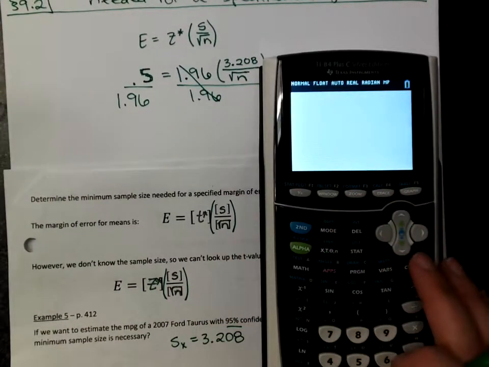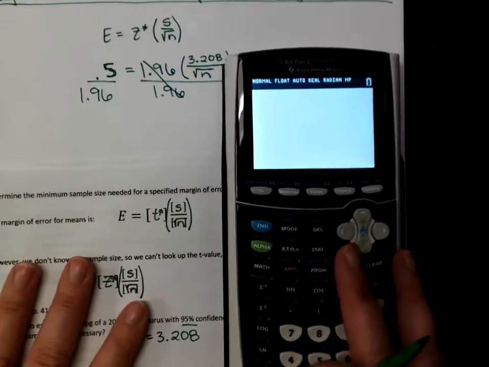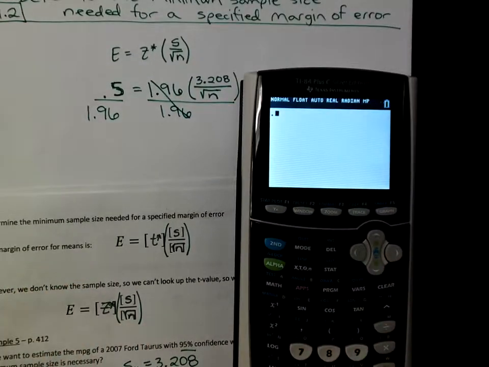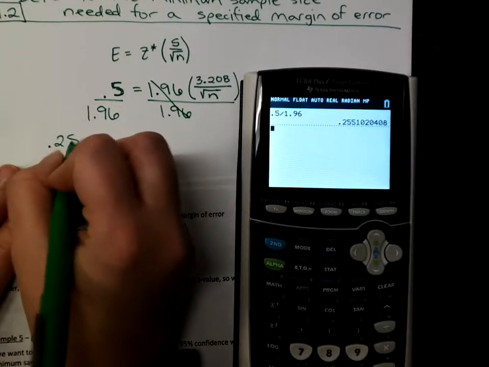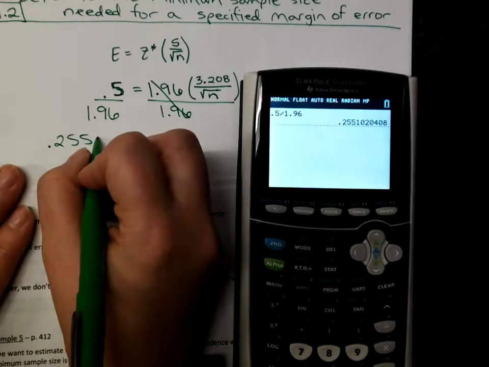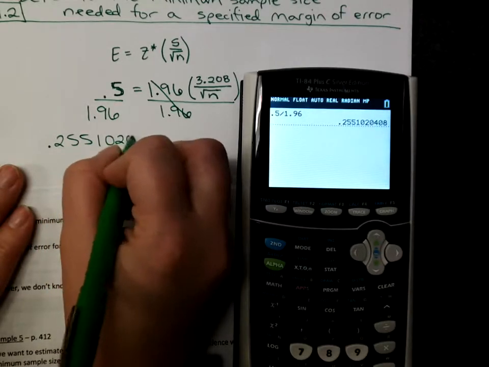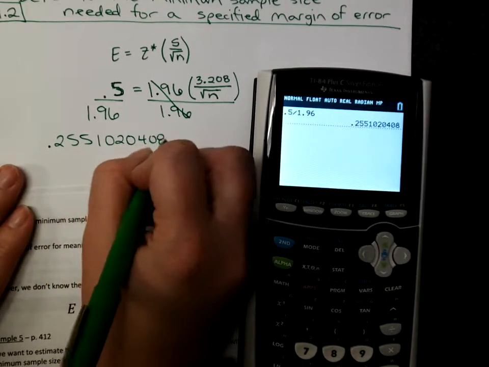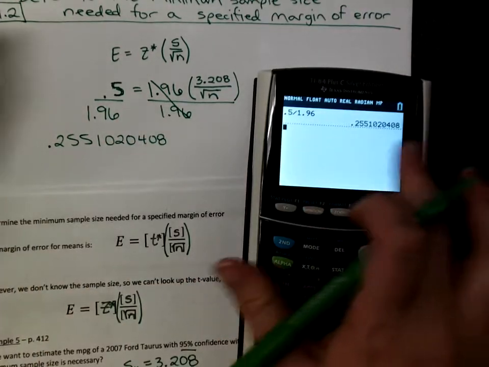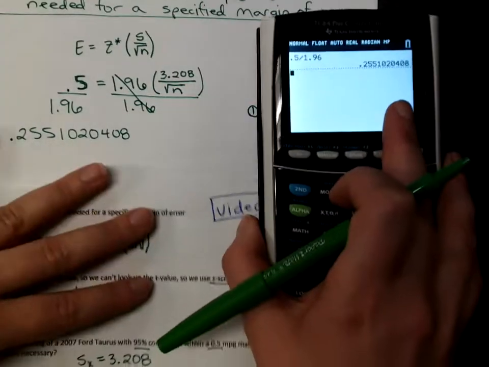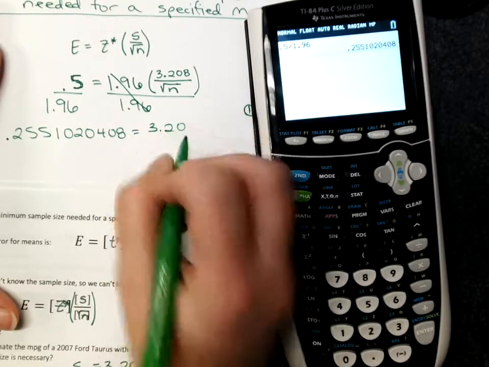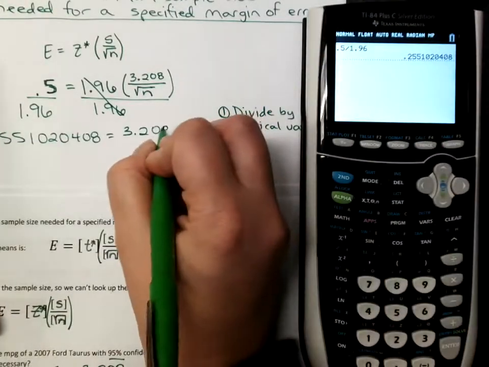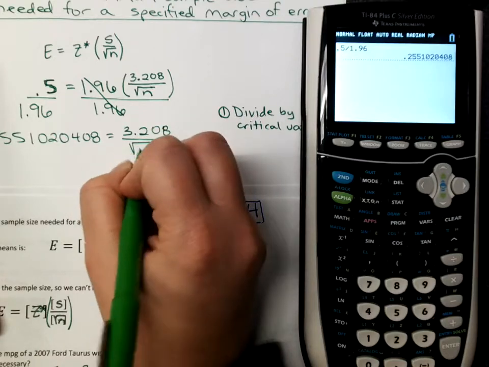And I try to keep it all stored in the calculator so I don't lose anything. 0.5 divided by 1.96. There's our big crazy decimal, 0.25510204. You don't have to write the whole thing down, but keep it stored in the calculator. And that equals 3.208 over the square root of n.